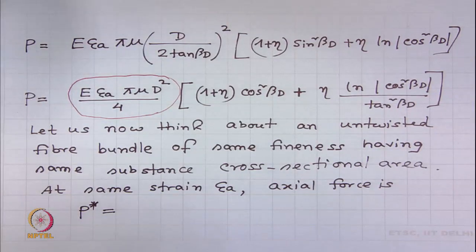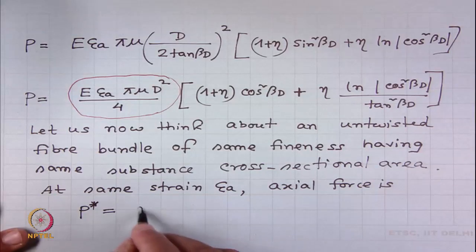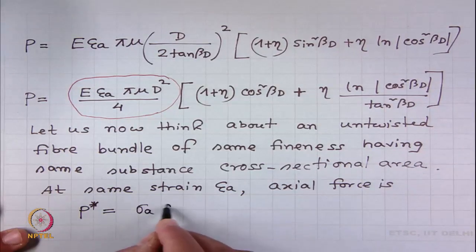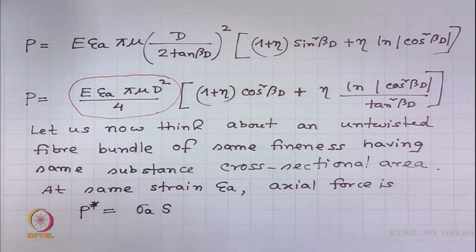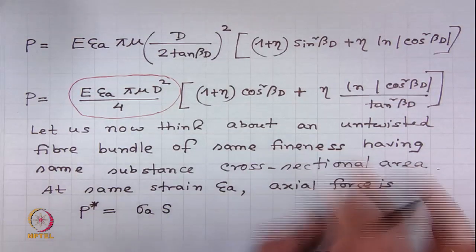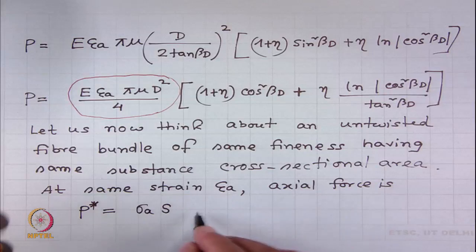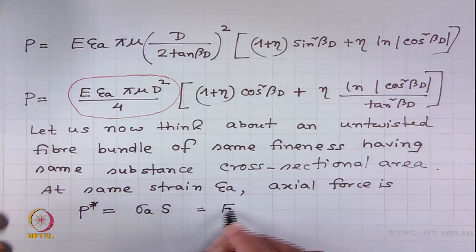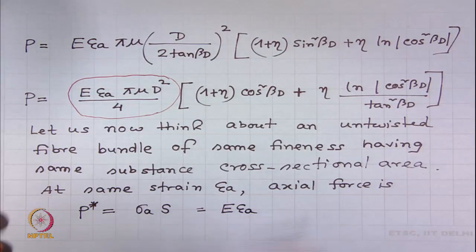P star will be equal to sigma A into substance cross sectional area. Force is equal to stress into area. What is sigma A for such parallel fiber bundle? E into epsilon A. And what is S?